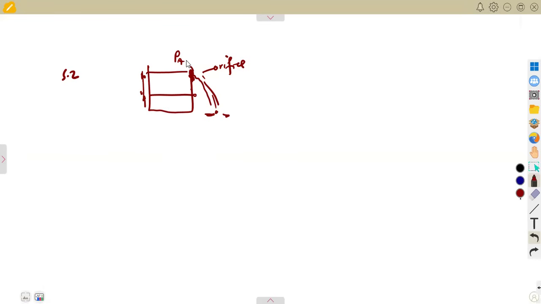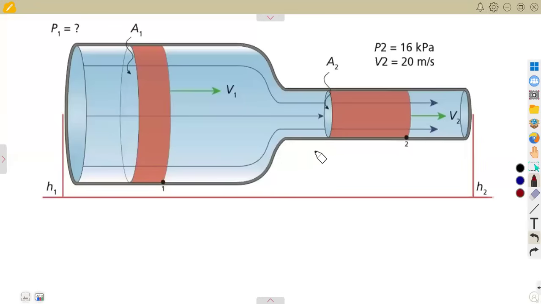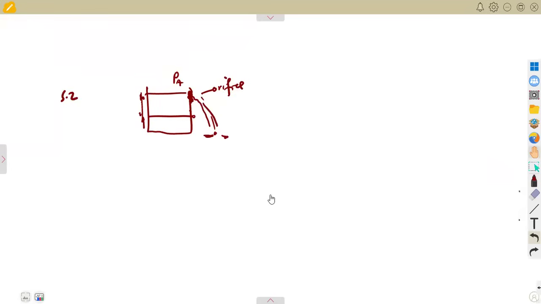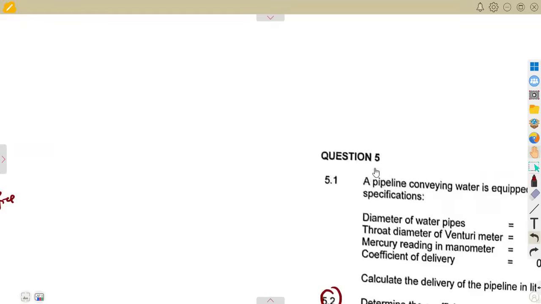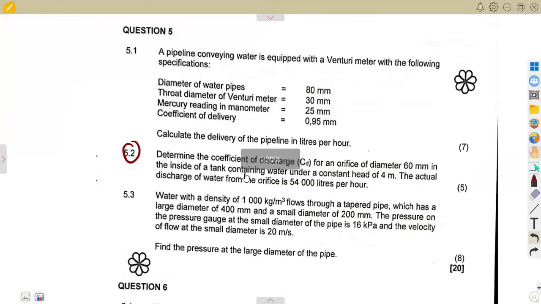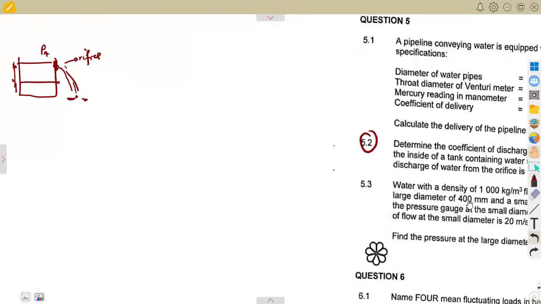What is important is that we have this as an introduction, just like another part that we had. This diagram was for another person. I just thought maybe I had inserted this, but let us take our information and see. We are asked to determine the coefficient of discharge, which is the coefficient of delivery.